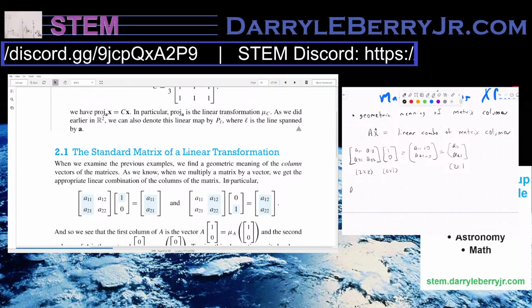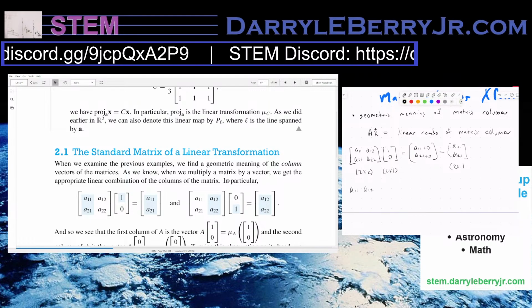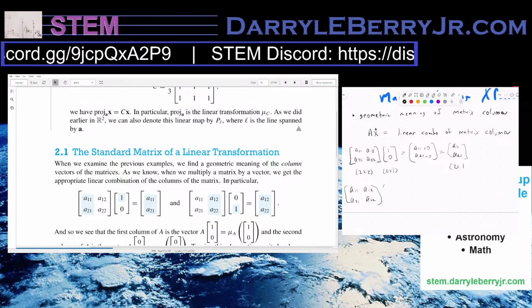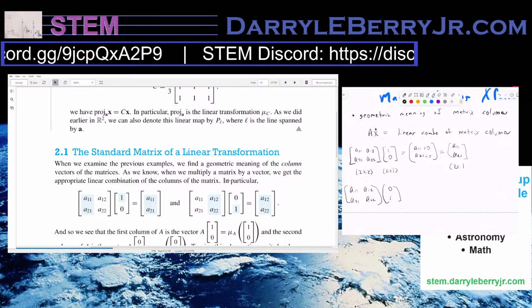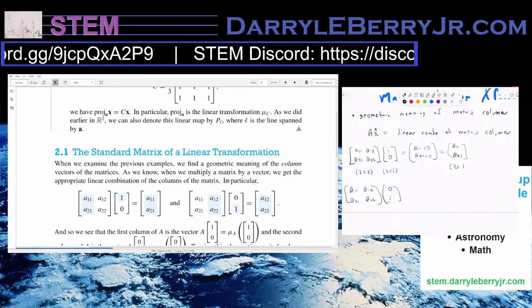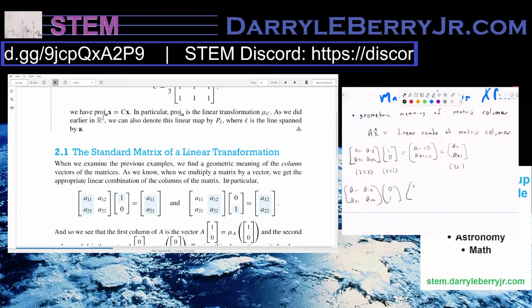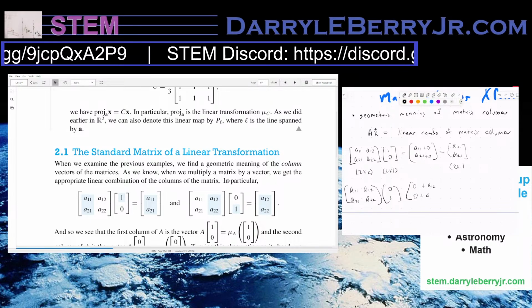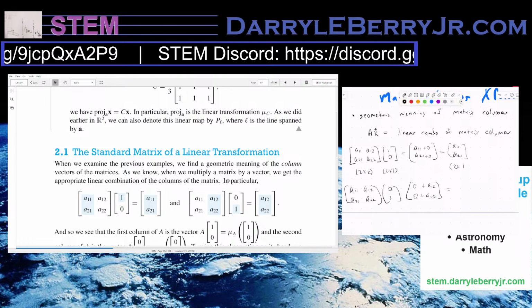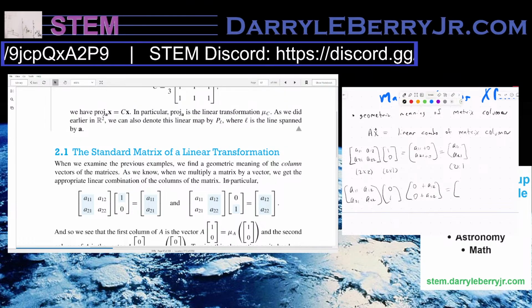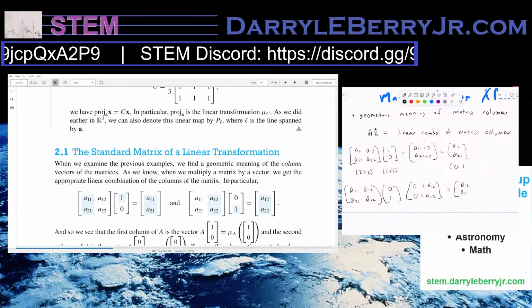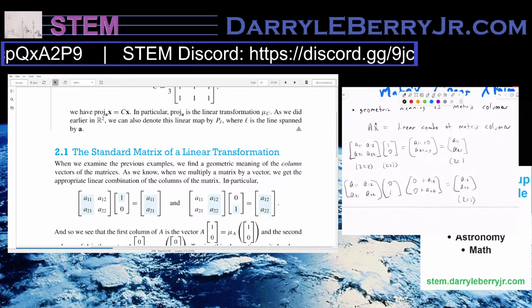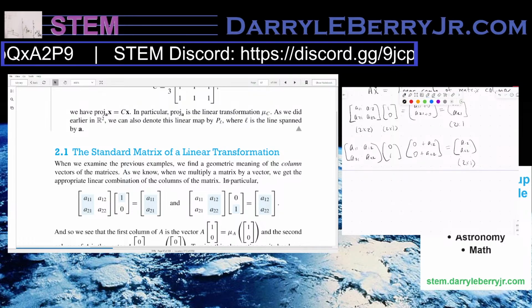And vice versa for A11, A12, A21, A22 times 0, 1. This should give us the second column, A12, A22. Good so far.